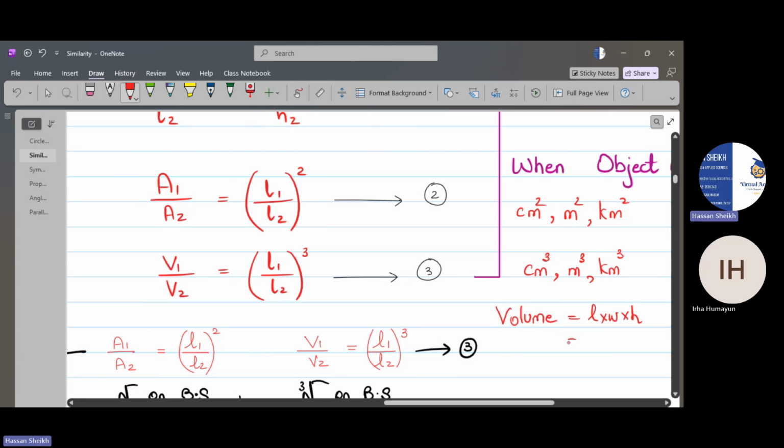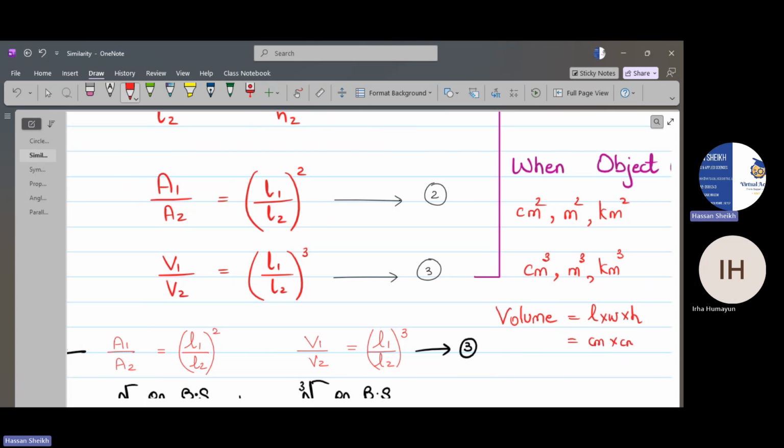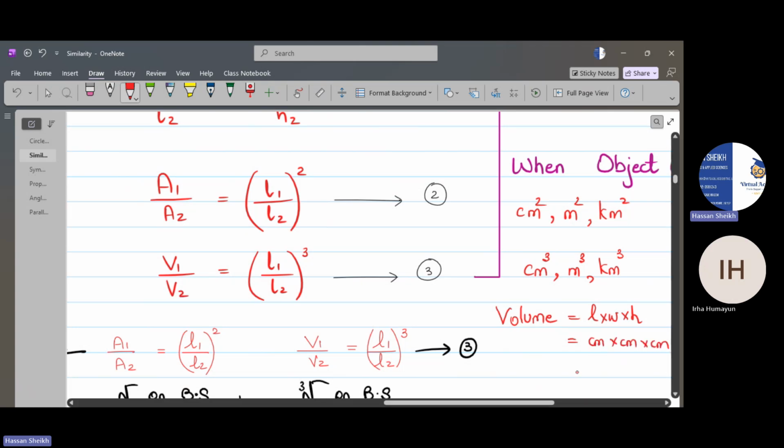So when these dimensions have centimeter as units, and you multiply these units, centimeter times centimeter times centimeter, wouldn't you get centimeter cube? What is 7 times 7 times 7? Is it okay to write it as 7 cube? Yes, sir. x times x times x, is it okay to write it as x cube?